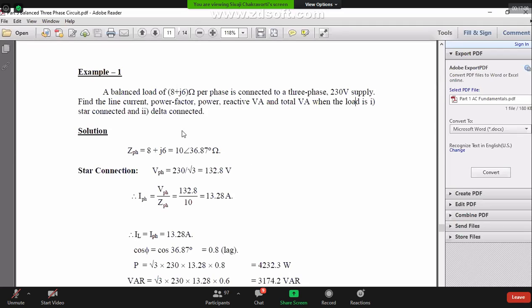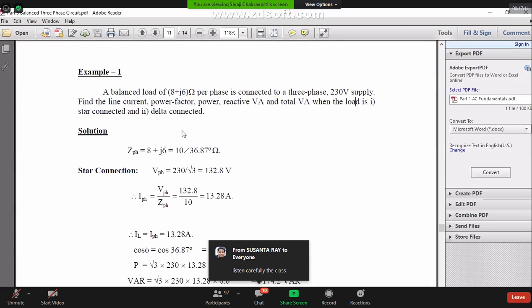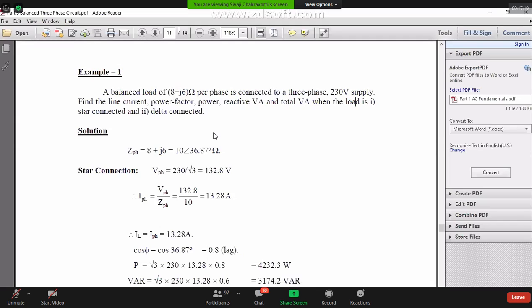So if you have the three impedances, 8 plus J6 in all the three phases, it's a balanced load because you have exactly the same load in all the phases. But if you have 8 plus J6 and 8 minus J6, then apparently all the three phases have 10 ohm impedance. It looks like they are balanced, but they are not because their nature is completely different. One is inductive, the other is capacitive.